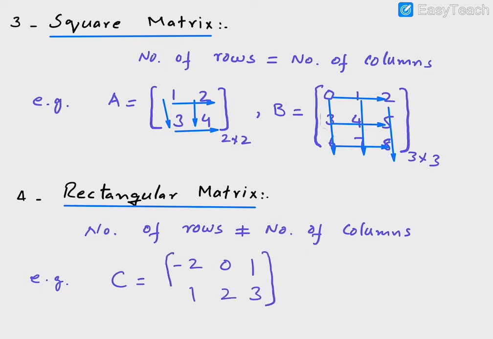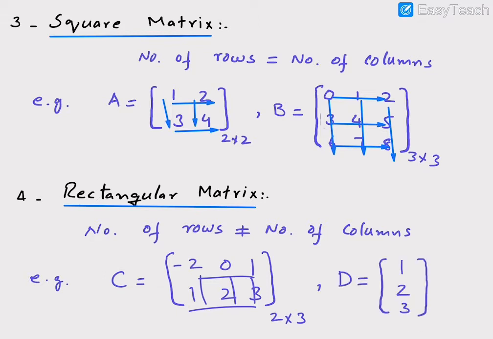So what is its order? Its order is 2 rows. First you must write number of rows, then you need to write columns. 1, 2, 3, so 3 columns. So 2 into 3 is the order of C. Let's see another example. D is having elements 1, 2, 3 in the form of a column.